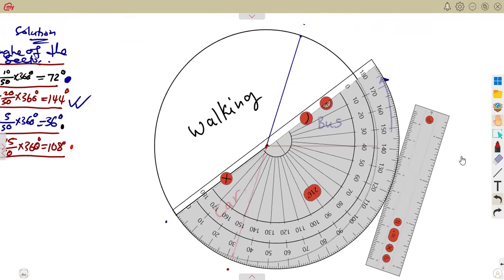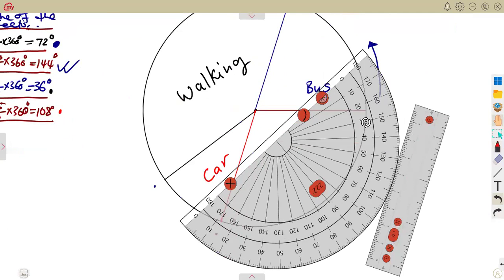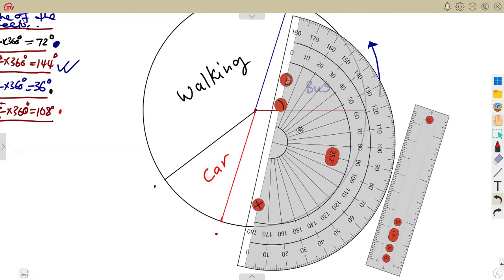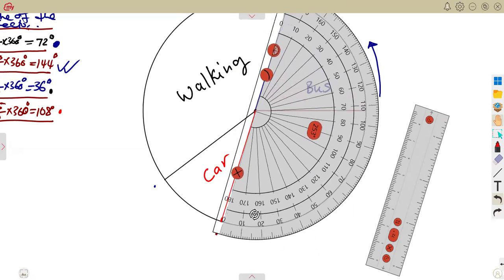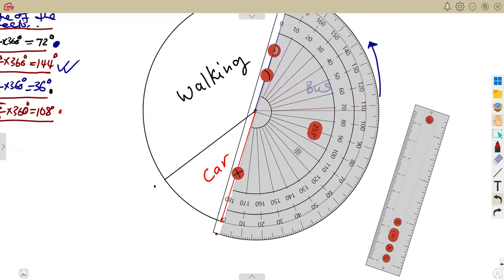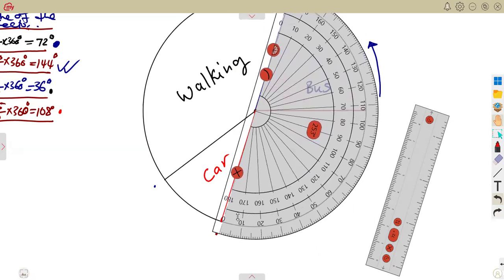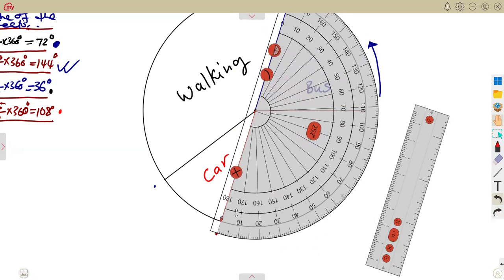But remember the approximation, guys, because this is construction. You're measuring, and the pencil you are using may not be sharp enough, but it must be approximately that 108. So this is covering. If you check, this is 0, 10, 20, 30, 100, 105, 106, 107, 108, exactly what we want.